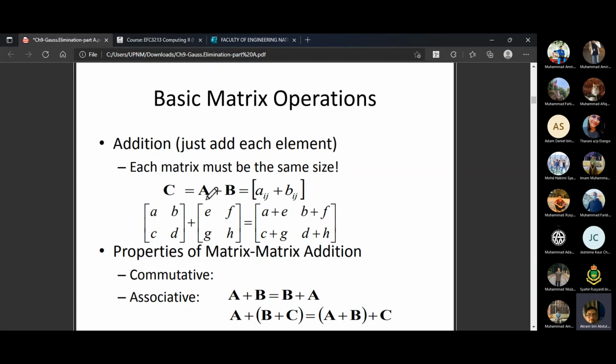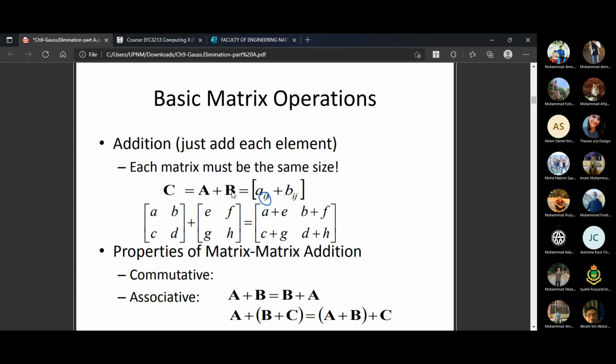So let's say we want to add matrix A with matrix B. We need to make sure A and B have the same size. If A is 2 times 2, then B also has the size of 2 times 2.